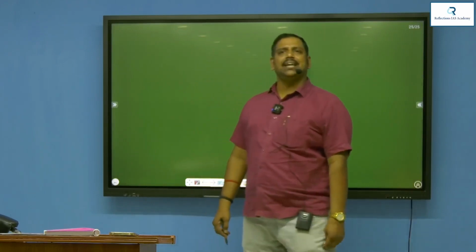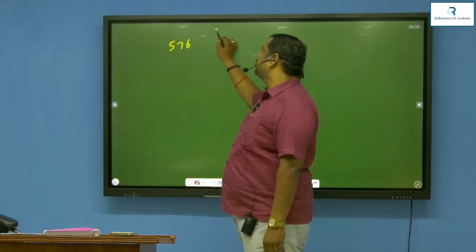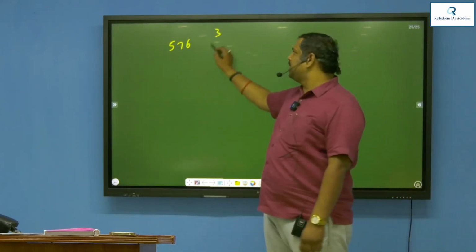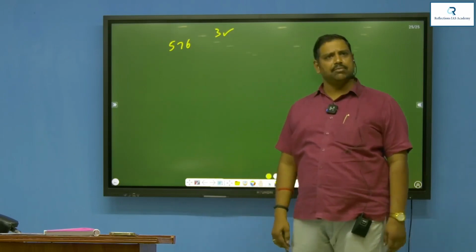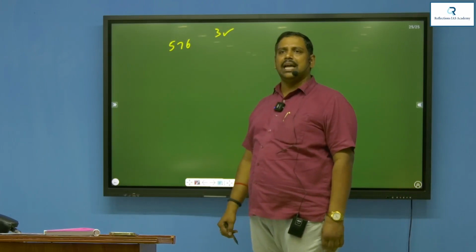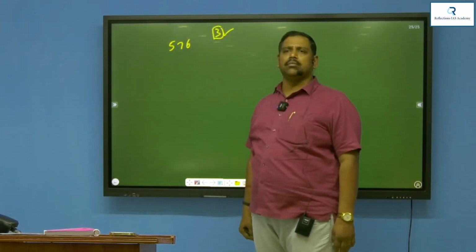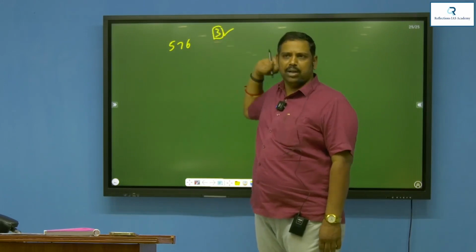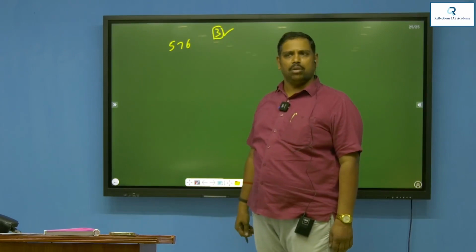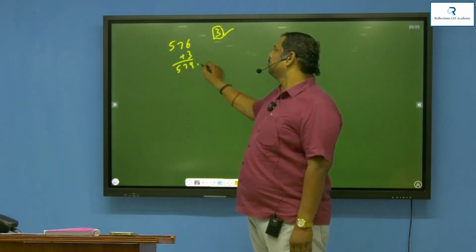Suppose 576: is it divisible by 3? Yes. If it is divisible by 3, then if I subtract or add a multiple of 3, it is again divisible by 3. If I add 3, I get 579, divisible by 3.